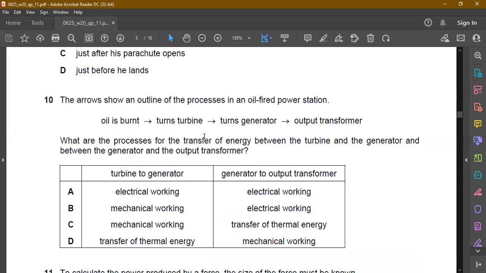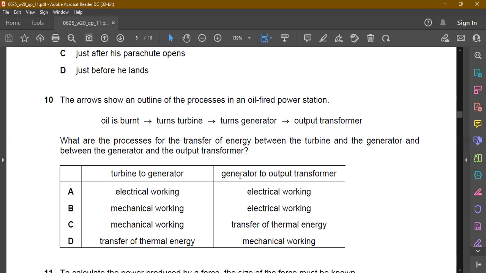Okay, here, turbine turns generator. It's actually an object moving, making another object move. So in this case, it's just mechanical working. So we can eliminate options A and D. And then for generator to output transformer, in the generator we have kinetic energy because we have a part that's rotating, or moving.